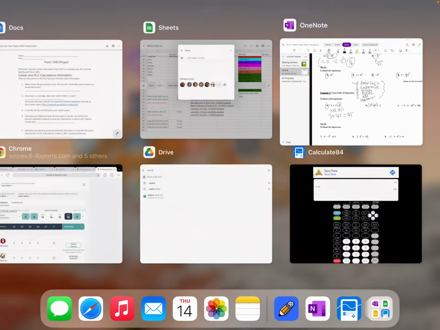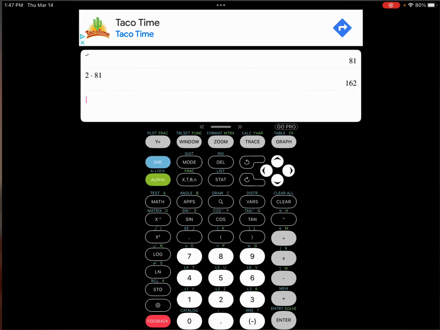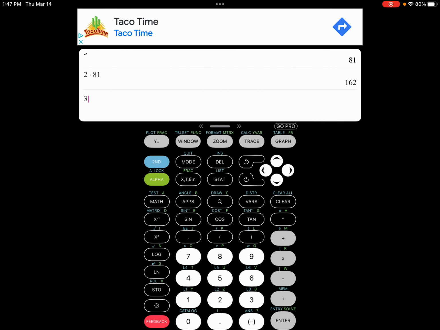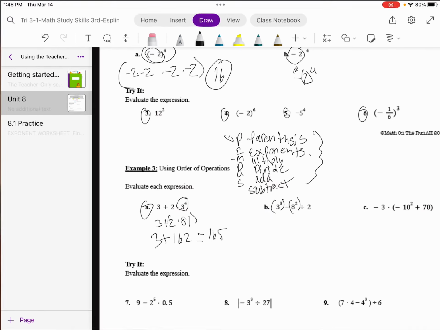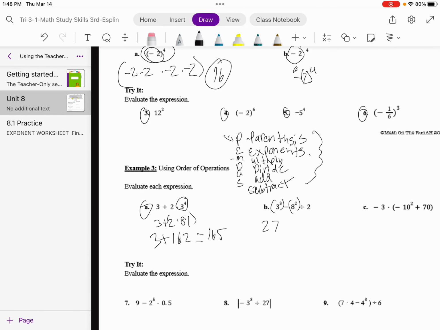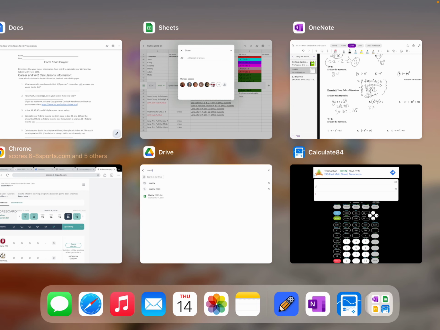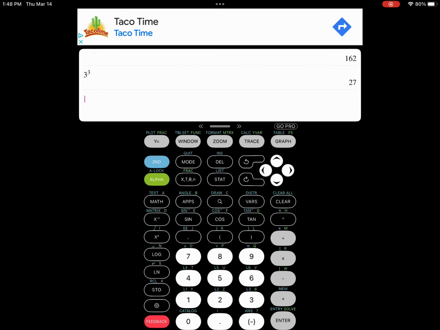We put that in our calculator. 3 to the 3rd is 27. Eight squared, 8 times 8. Or if you don't know how to do it, you come back and go 8 squared is 64.